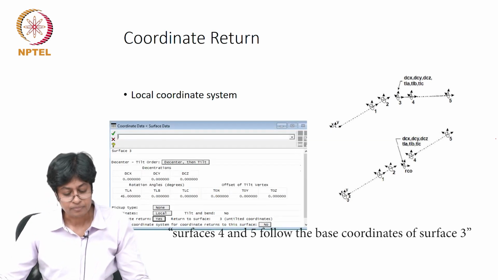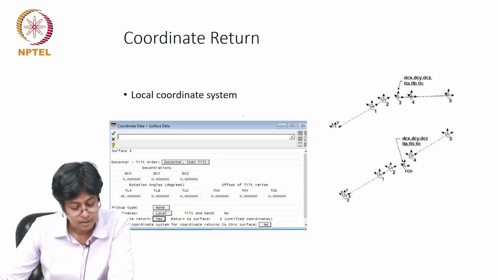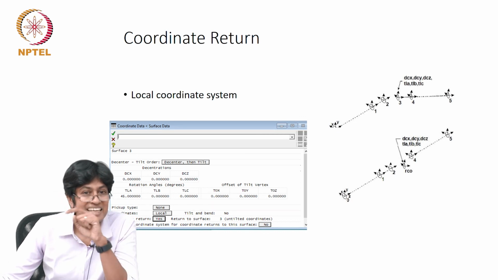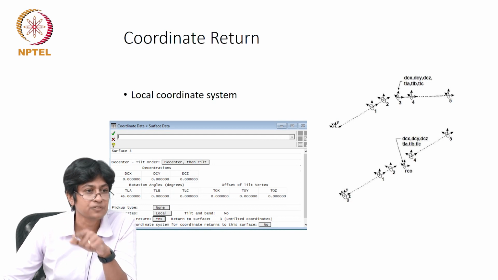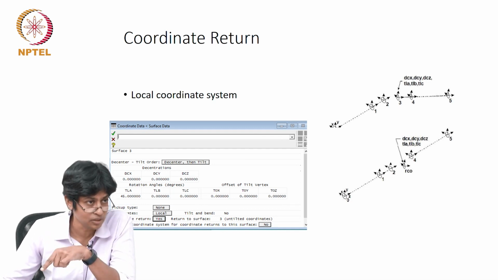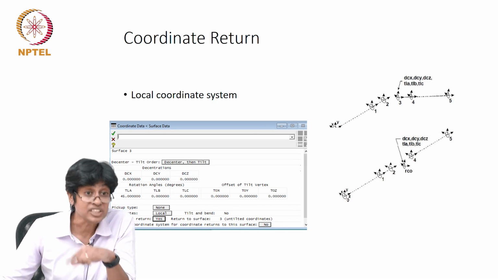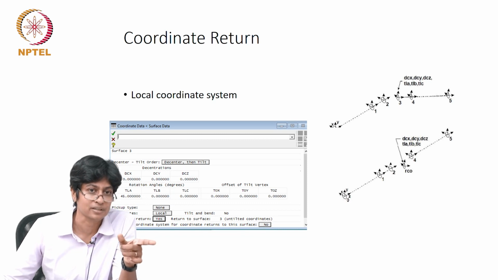Okay. And if you were to look at the coordinate data, you can see your coordinates are local and there's a coordinate return, and even here you have the option of saying return to coordinates, don't use the current local coordinates, and I can say which surface coordinates I return to.